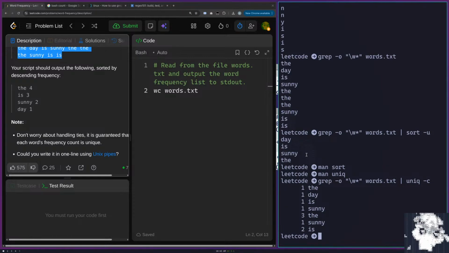Okay. That's getting close. Wait, it didn't actually make them unique. Why doesn't this "the" and this "the" combine? And the is.